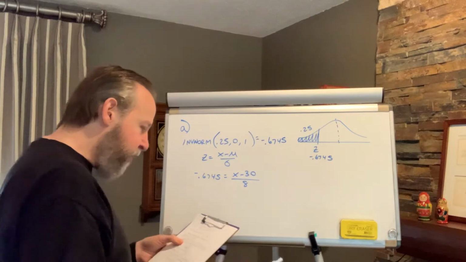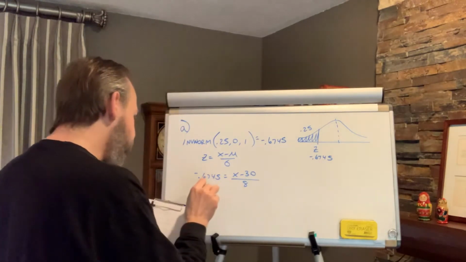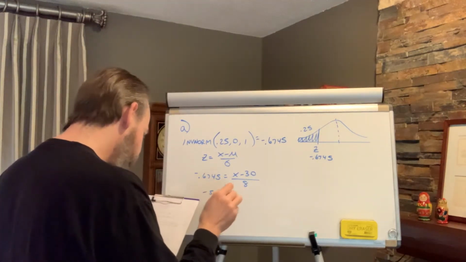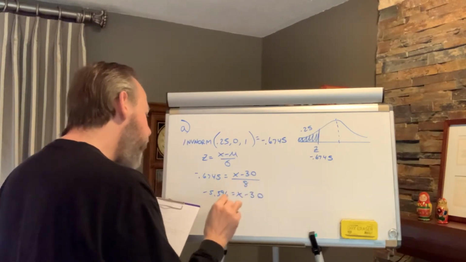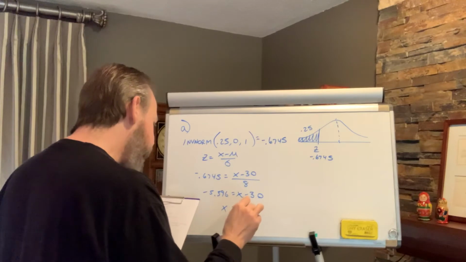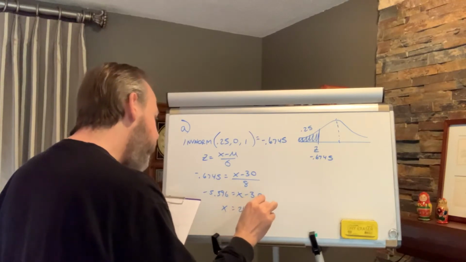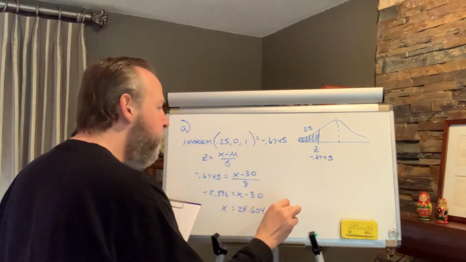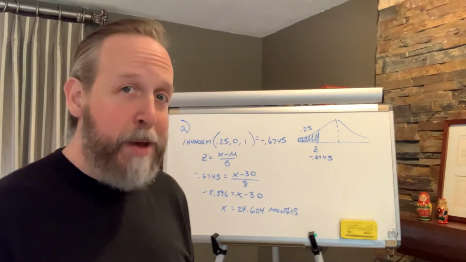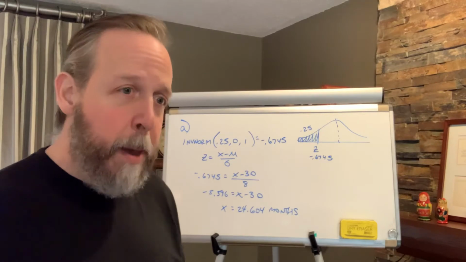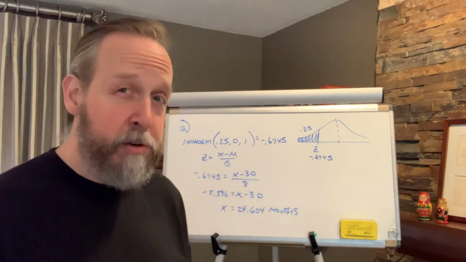Multiply both sides by 8, and you'll get negative 5.396 equals x minus 30. Add 30 to both sides, and you get 24.604 months. So I expect 25% of these batteries to die before 24.604 months.